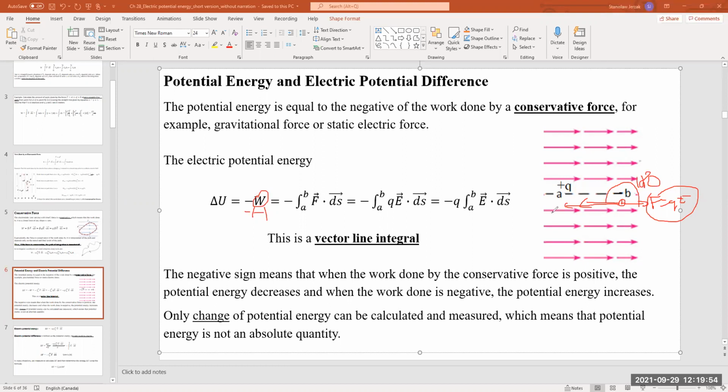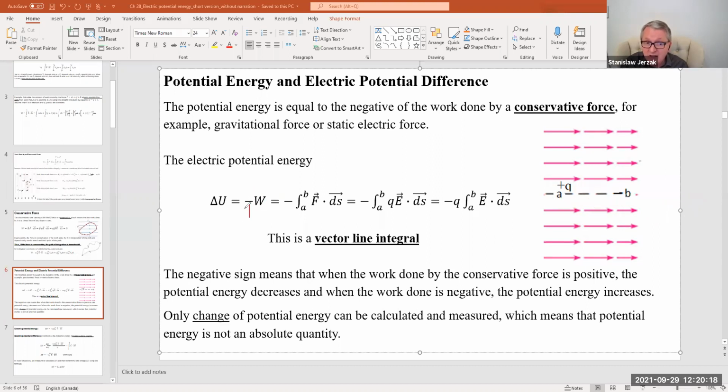So does that mean that we only look at the work done by the electric field? We don't look at any external work? Yes, we will always be considering the work done only by the electric force and not by external agents, but to make sure that this change of potential energy is positive or negative with the correct sign, you will always have to insert the negative sign.